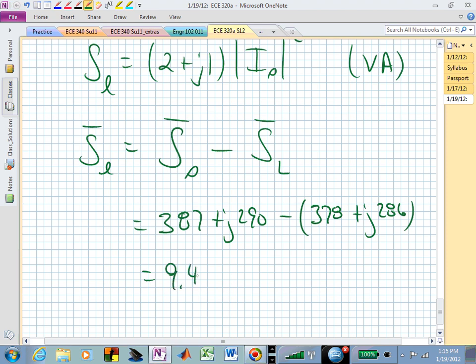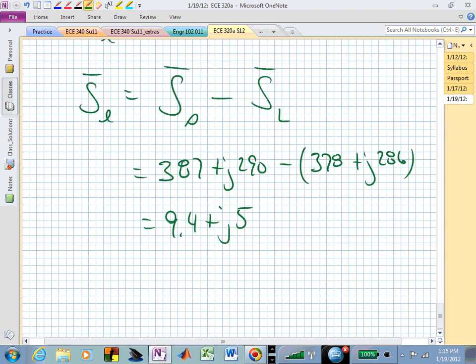9.4. Well, I'm obviously keeping some units and not keeping others. Anyway, if you do the math right, which I'm not guaranteeing I've done here, this is now the complex power of the line.